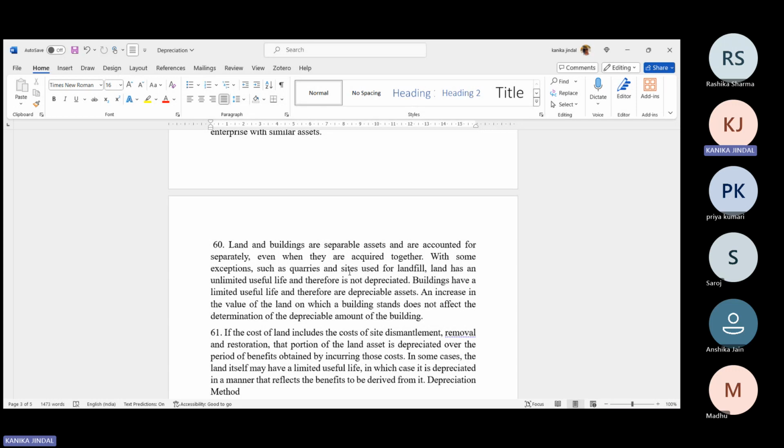Any increase in the value of the land on which a building stands does not affect the determination of the depreciable amount of the building. So if there is an increase in the value of the land on which there is a building, it will not affect the depreciable amount of the building. Okay, because we are treating building as a separate asset and land as a separate asset.